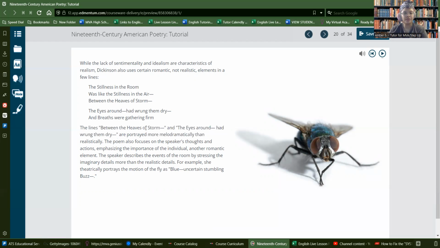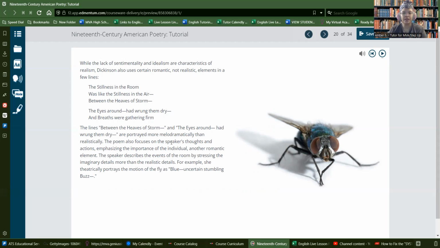So between the heaves of storm, you're comparing the breaths to a storm, and the eyes around had wrung them dry. You can't actually wring your eyes dry. So she's definitely being melodramatic here by using hyperbole.